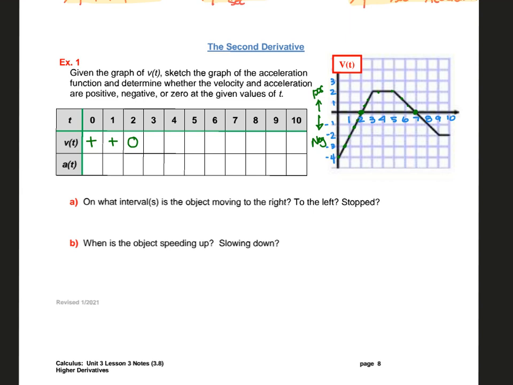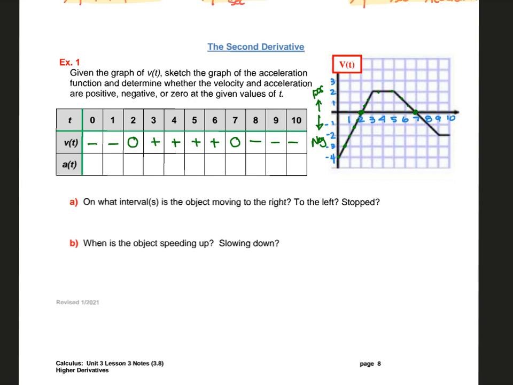We started out negative below the x-axis, and then it was positive until we get to 7, which is where it is 0 again. And then after 7, it drops below the x-axis, and we are back to negative. And so we fill in negative values.